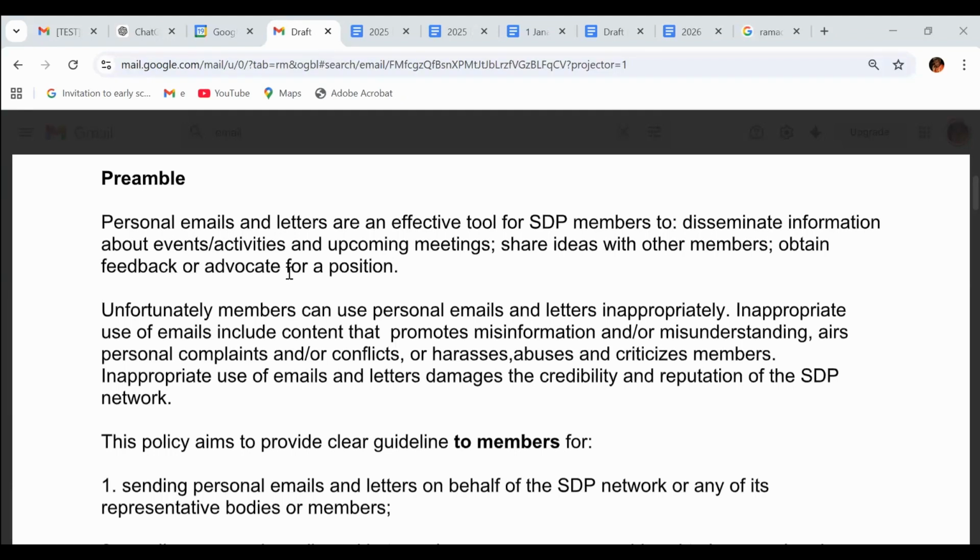And the other difficulty there is that the reply itself said "re," in other words, it was a reply. It wasn't actually intended to sound like it came from the SDP.